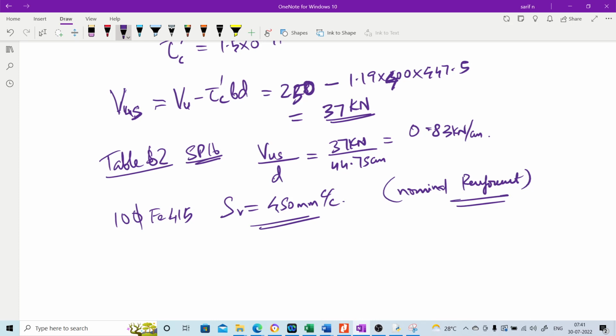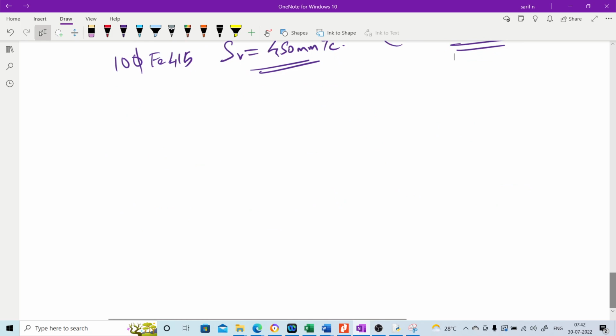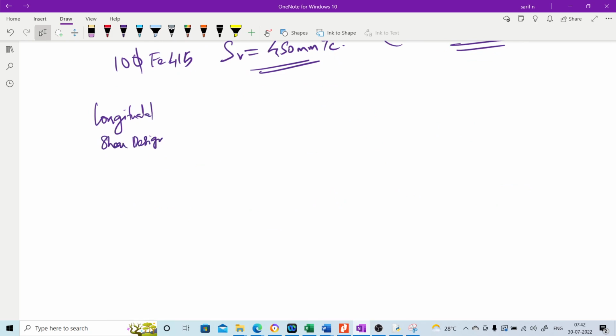So in such a case, what we have to do is look for the confining reinforcement. That means the design is now going to be governed by the confining reinforcement. Okay. So now if the problem directly gives you details of longitudinal design, okay, this detail is directly given to you. Also the details of shear design is directly given to you. Then the problem is going to start.